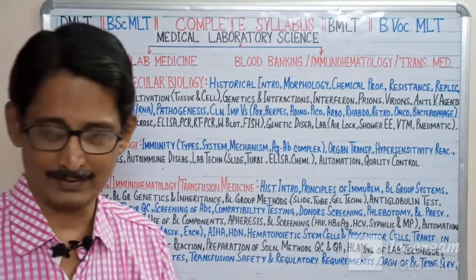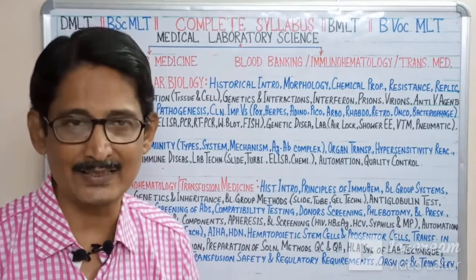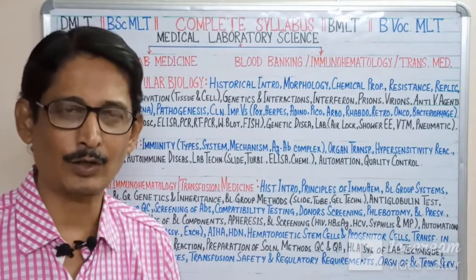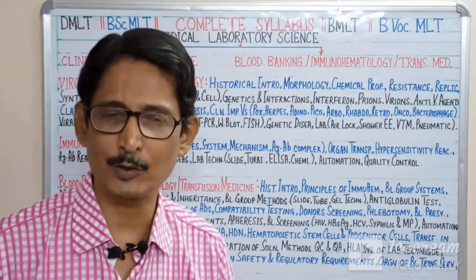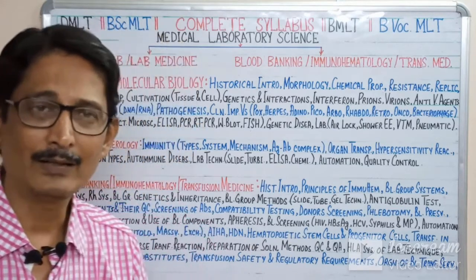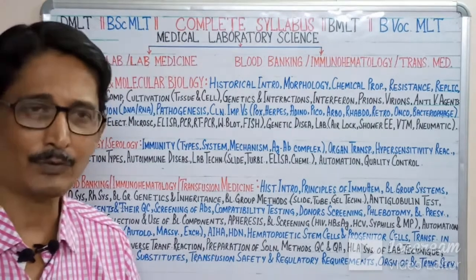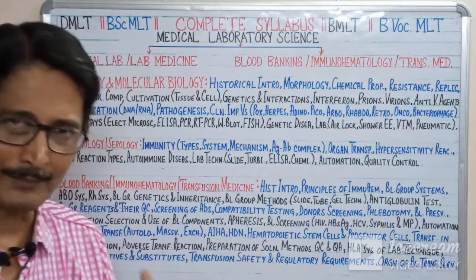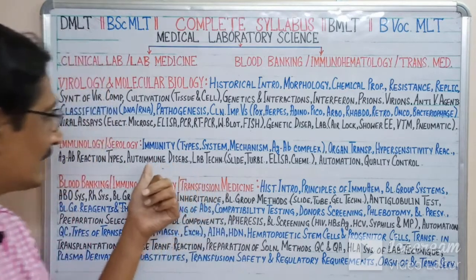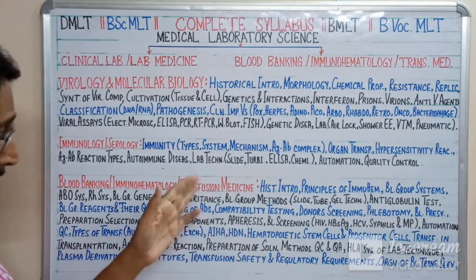By this process we get some diseases. These diseases are called autoimmune diseases, like rheumatoid arthritis, especially rheumatic fever, or some sorts of diabetes, which come under autoimmune diseases.